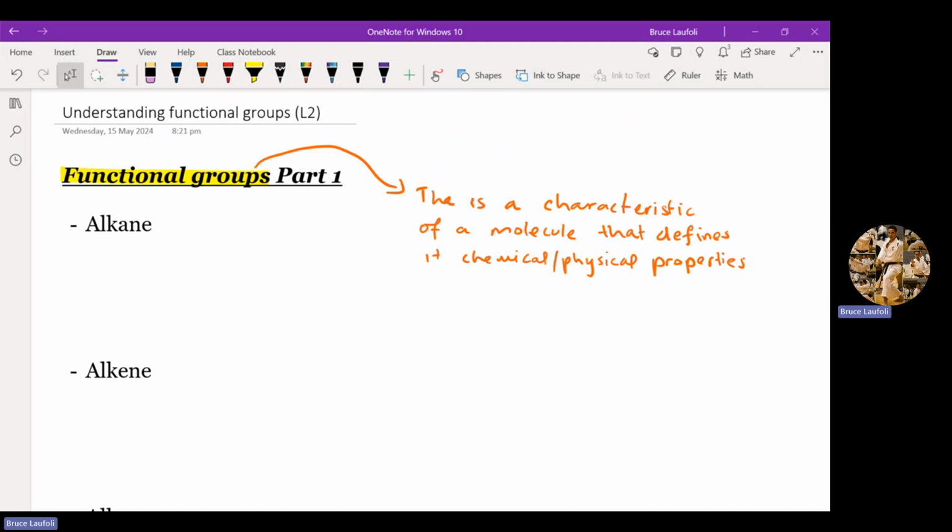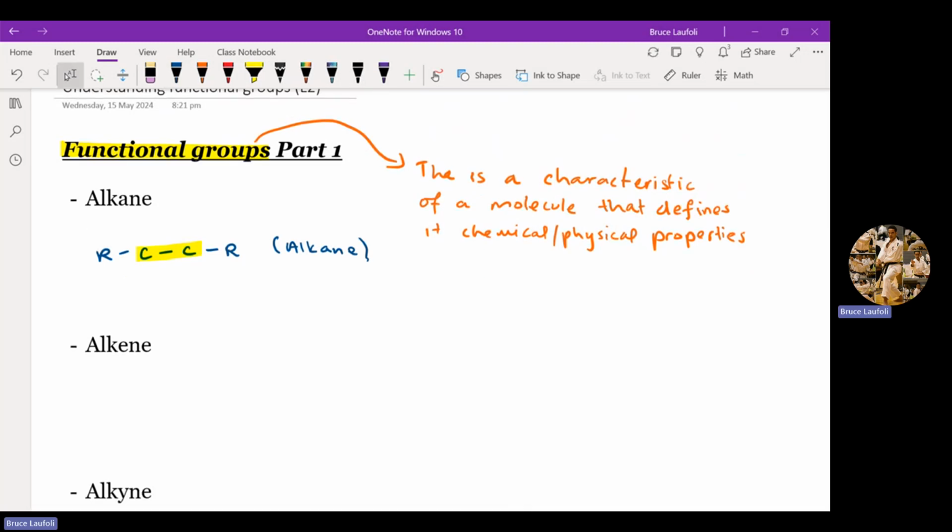Okay, and so alkane molecules essentially are a situation where you have R and C, single bond C and R. So this idea over here, in which there is only a single bond between carbons, this is what we would recognize as an alkane, sorry, not an alkene. Some common alkanes that you should know is octane. Octane is a common example, right?